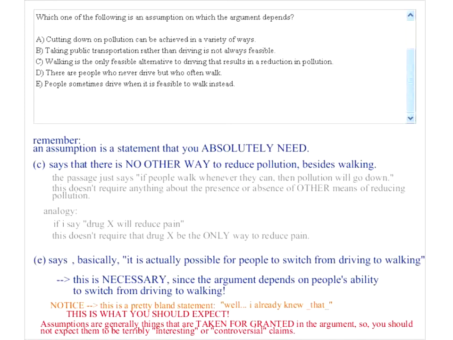Okay, so let's get takeaways from this problem, then I'll present you with a very powerful technique for attacking these, and then we'll revisit this problem. So first, a takeaway. When you're looking for an assumption, weaker or more moderate statements are generally better.